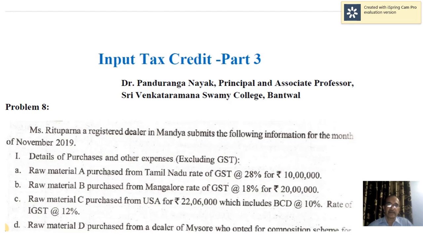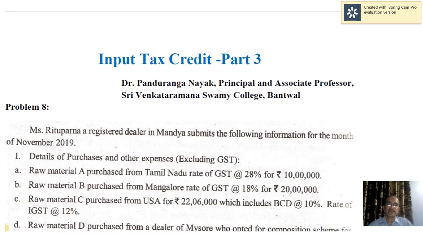And if the goods are supplied to a dealer of some other state, in other words, if the sale is interstate, then IGST is applicable. IGST is not divisible. If it is 12%, 12% only.